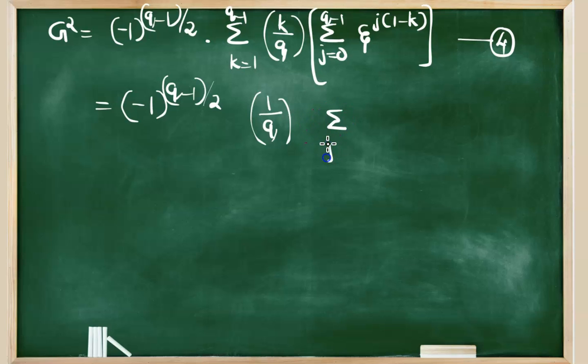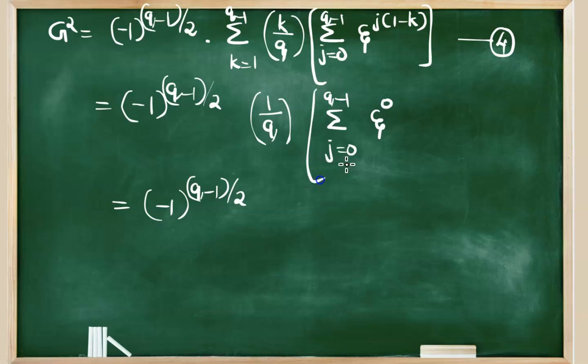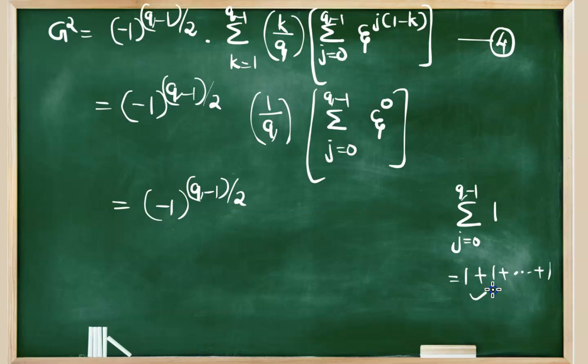into summation j varying from 0 to q minus 1 theta raised to j into 1 minus 1, that is theta raised to 0, and this is equal to minus 1 raised to q minus 1 by 2 into Legendre symbol 1 by q is equal to 1 itself, and this sum is in fact summation j varying from 0 to q minus 1, 1, that is we need to add 1 q times.